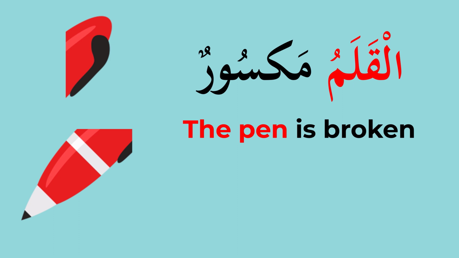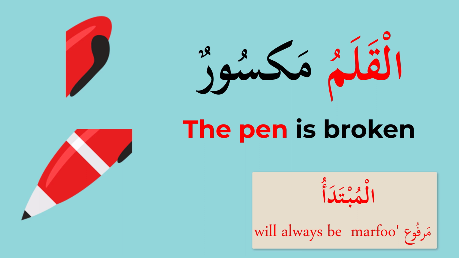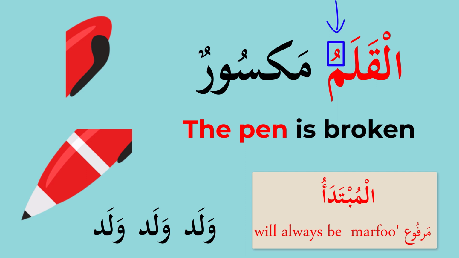Rule number 2. Mubtada will always be marfu. Are you with me? What is the meaning of that? It will end with a dhamma. Right away we are coming to what we were trying to say in the beginning. That noun can be marfu, mansub, or majroor.